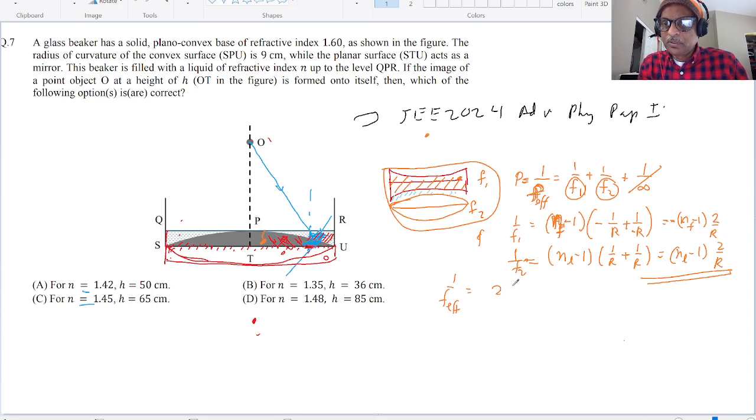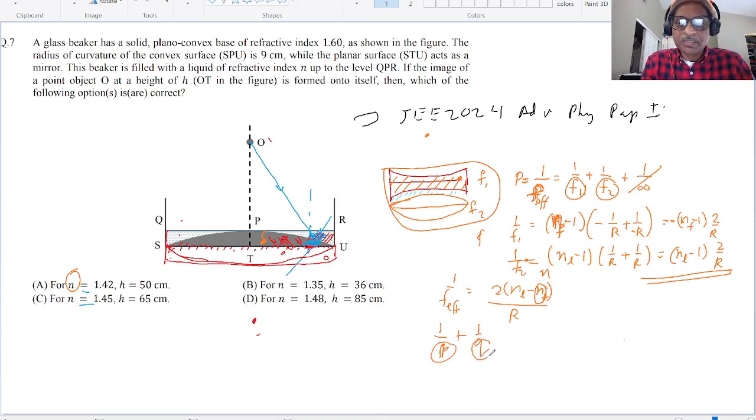So 1 over f effective will simply be 2 times (n_l minus n_f) over r. n_f is what we are calling n in these things, so let's just call it n over here. And it says that 1 over p plus 1 over q, the object distance and image distance, equals 1 over f effective, and they're equal to each other.